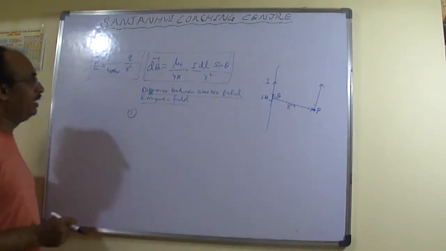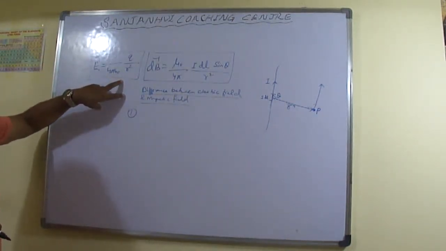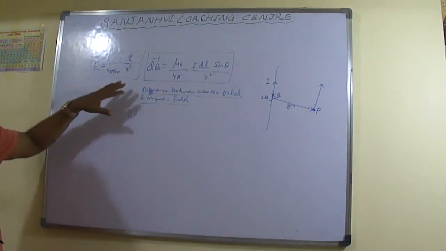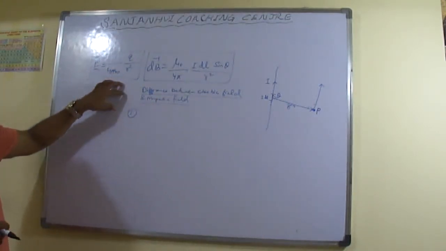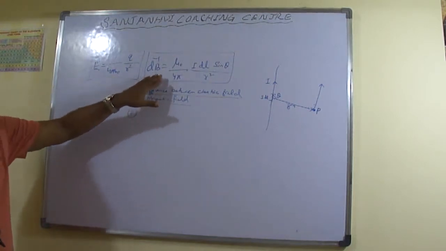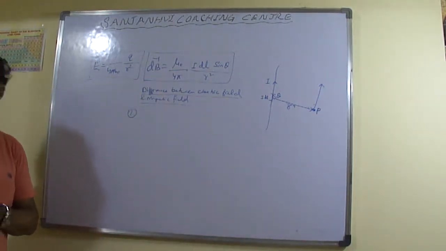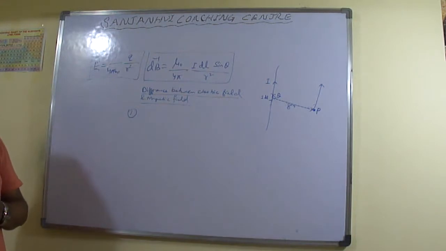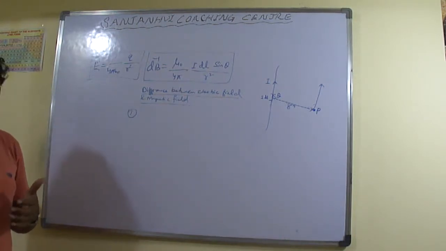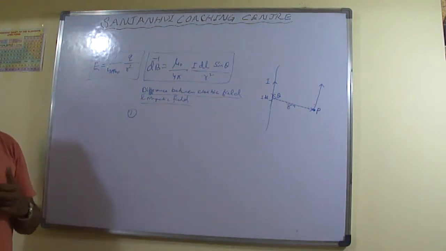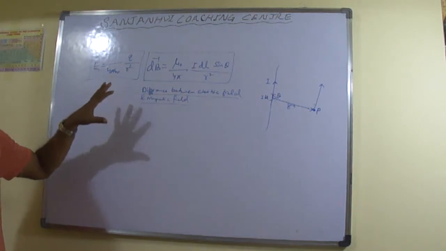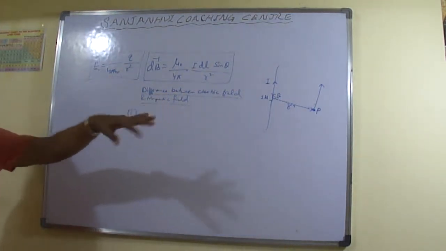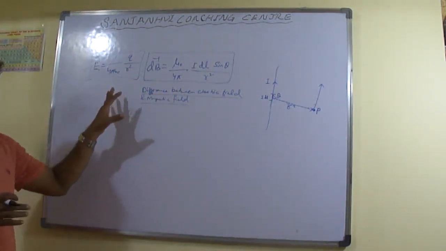You can say that in terms of their range. What is range? It means up to how much distance the electric field or magnetic field is effective, that is, its influence on a particular charge, the force applied on that charge.